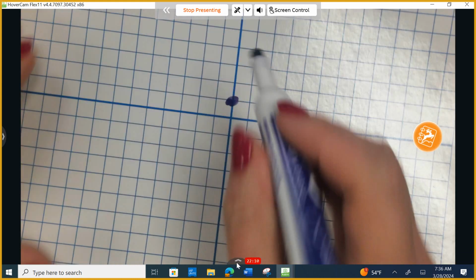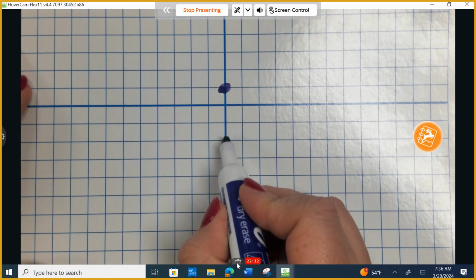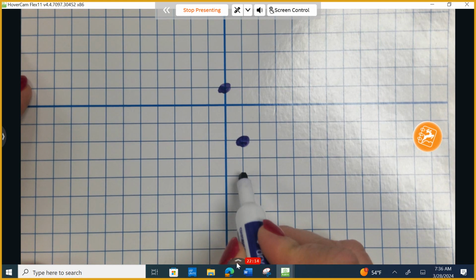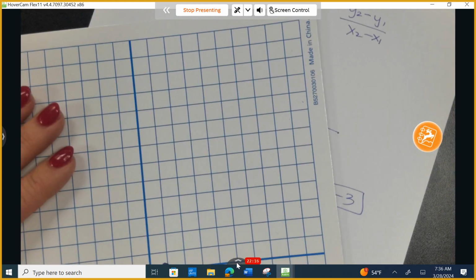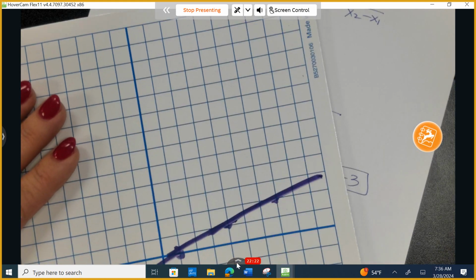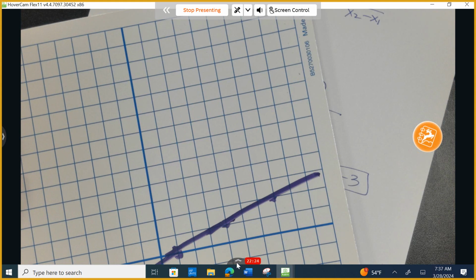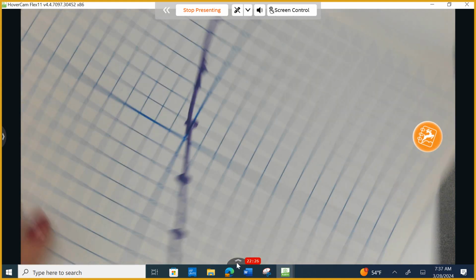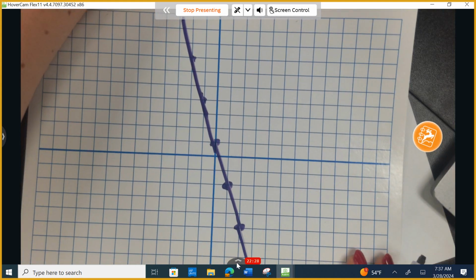So 1, 2, 3 over 1. And then, you know by now I'm not very neat. My graph is looking something like this if I'm trying to do it pretty accurately. Let me pull this back here.